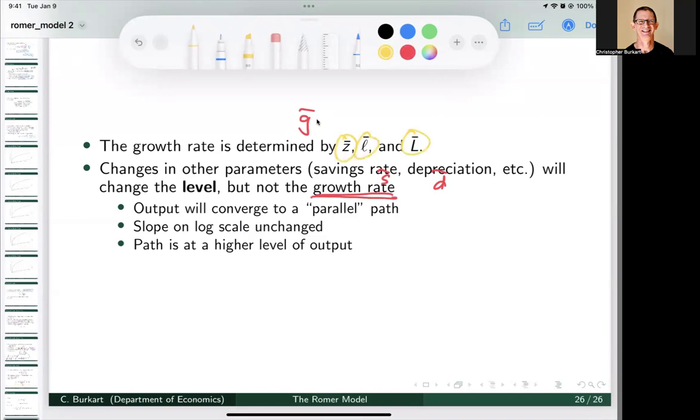If one of these three changes, the growth rate changes. If anything else changes, the growth rate stays the same, but we move to a different path. We could converge, for example, to a parallel path. So if we look at this on a log scale, that slope is going to be unchanged. But I'll go through some examples of this. We'll work with some examples of this in spreadsheets that you will be given to play around with.